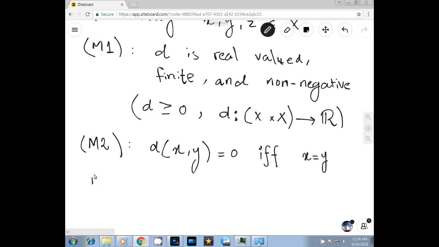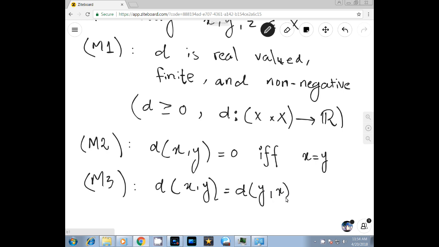The third property is called the symmetric or symmetry property. It says that the distance between x and y is the same as the distance between y and x.